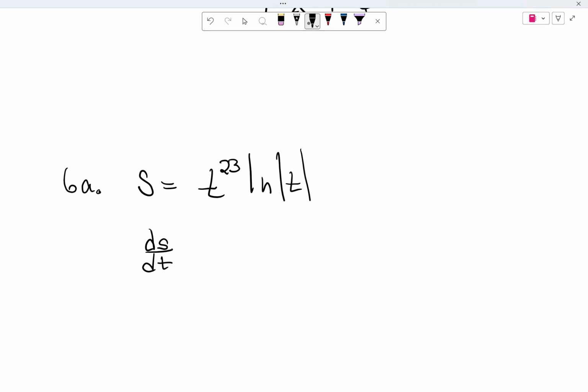So I would begin with looking at this in terms of U of T and V of T. If I'm looking at U of T, this is obviously T to the 23rd. And the first derivative of this will end up being 23 T to the 22nd power, correct?